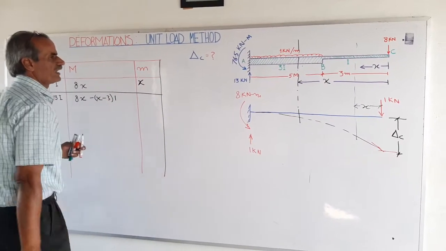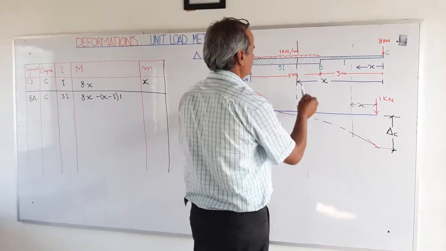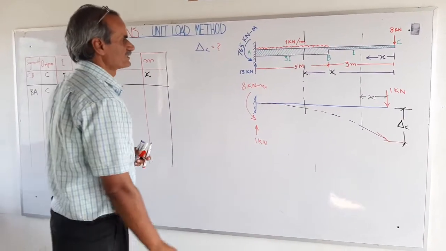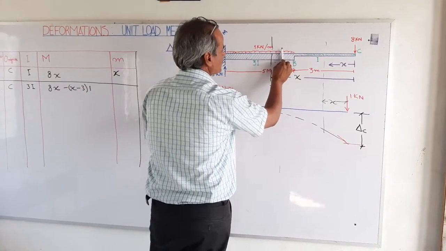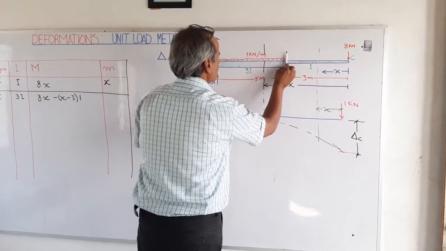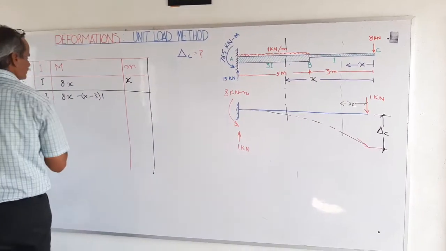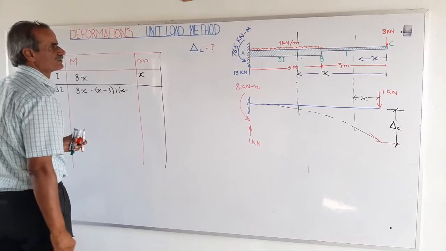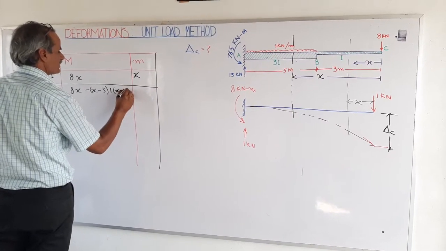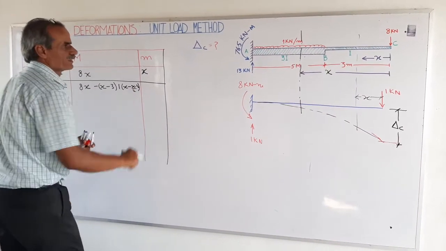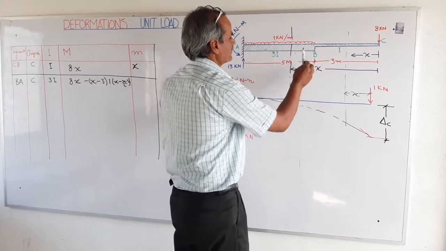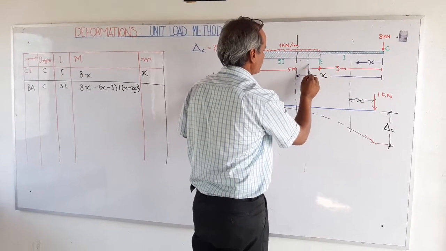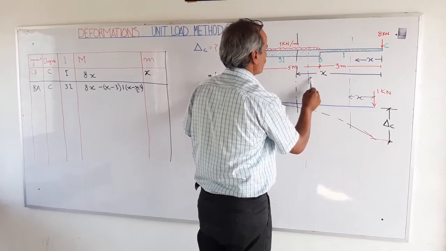1 kilonewton, and it is acting at say half of the distance. Right? So half of the distance shall be x minus this distance divided by 2. Let me check it again. It is acting somewhere over here, this UDL. Right? Now how much shall this distance be?